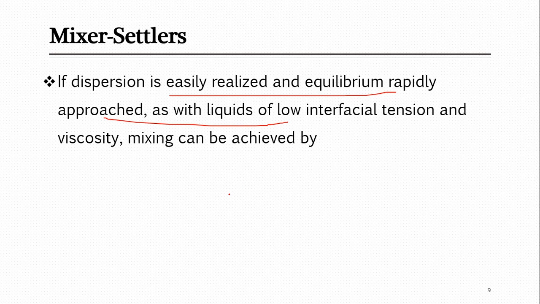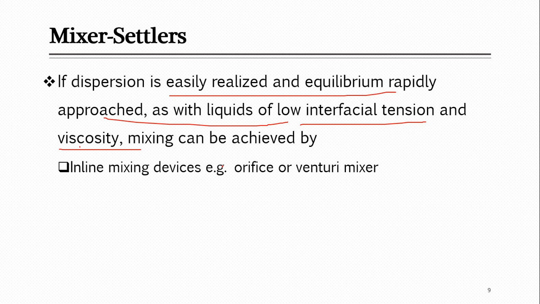That if you are bringing two liquids, one is the feed phase and one is the solvent, into contact, and their contact can take place easily, mass transfer can take place easily, you can reach equilibrium between those. So these are actually liquids of low interfacial tension and viscosity. If their viscosity is low, definitely they will make contact with each other easily.